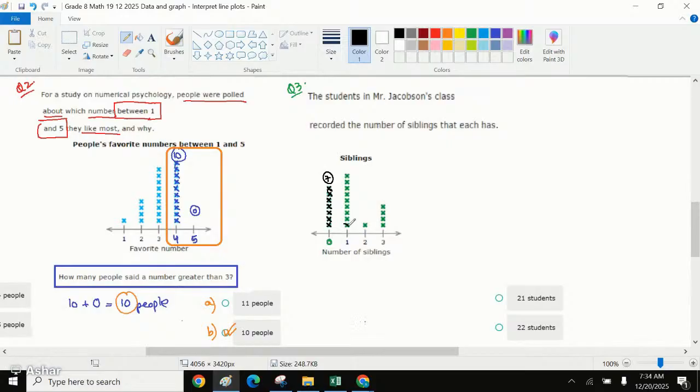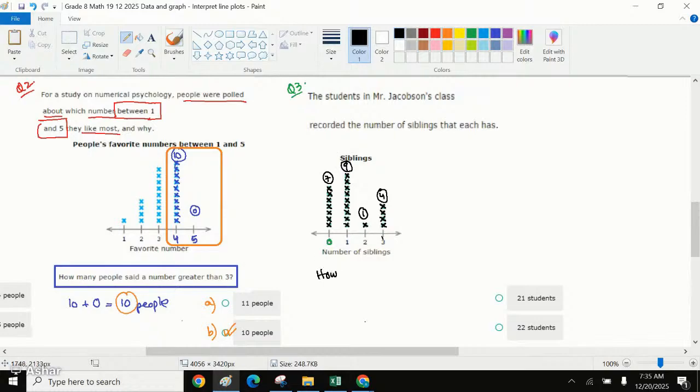How many people had 1 sibling? 1, 2, 3, 4, 5, 6, 7, 8, and 9. So 9 people had 1 sibling. Having 2 siblings means one person had 2 siblings, and 3 siblings was 4 people had 3 siblings, right?